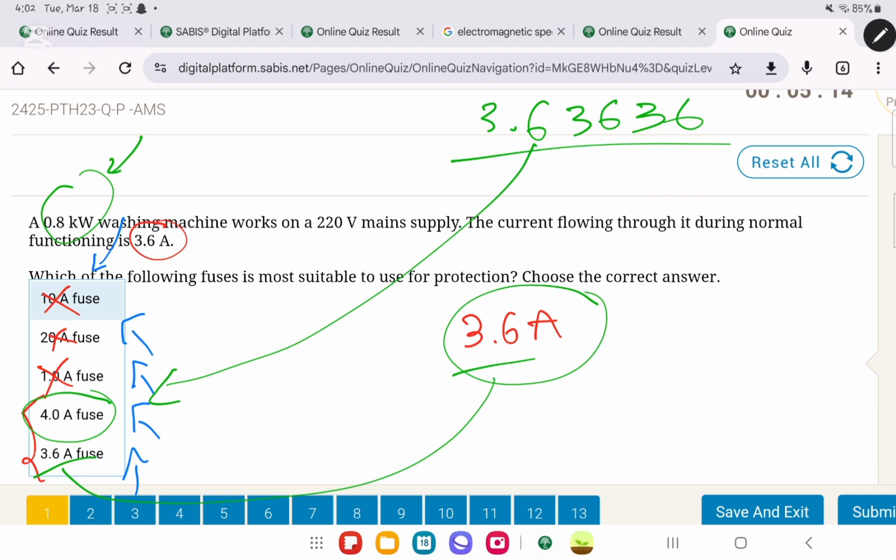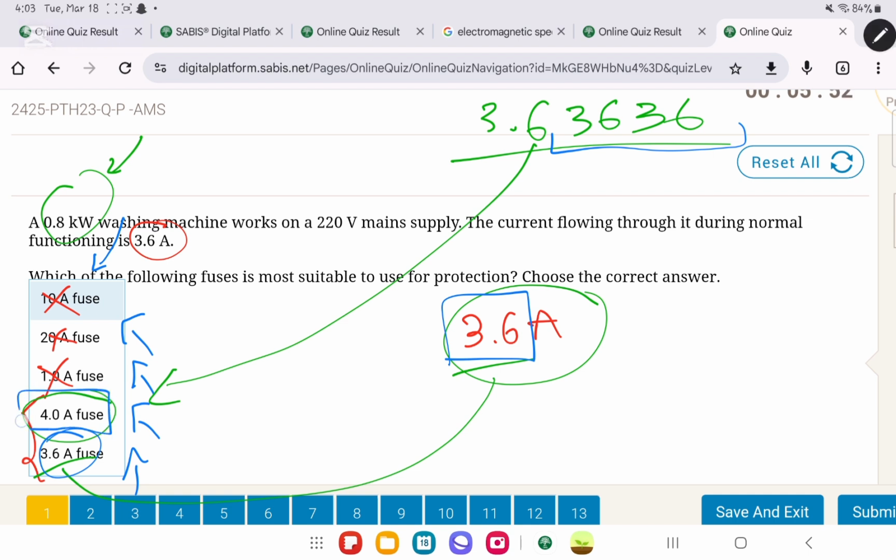But if you use the 3.6 ampere fuse, a slight fluctuation, meaning a 3.63636, okay, which could happen, it will cause the fuse to blow, or it will cut out the circuit. And then the device will not function. So you will just end up having a device that does not function.